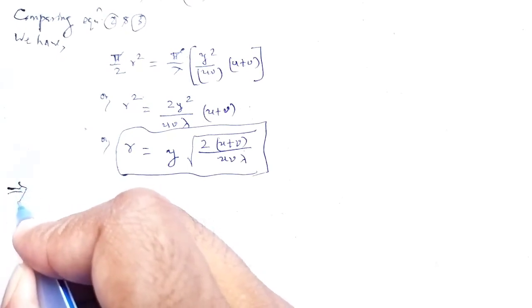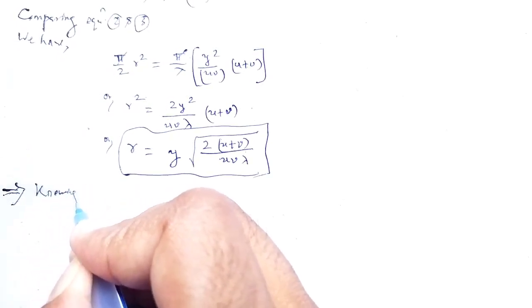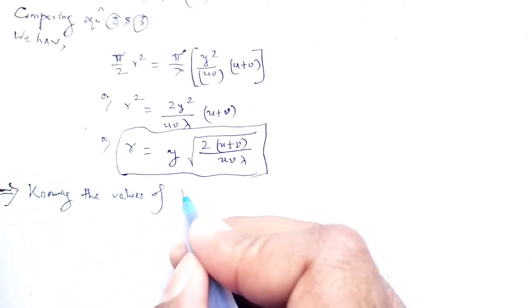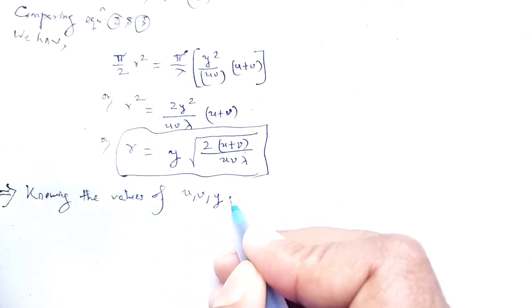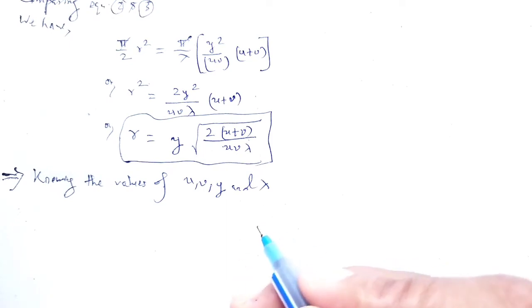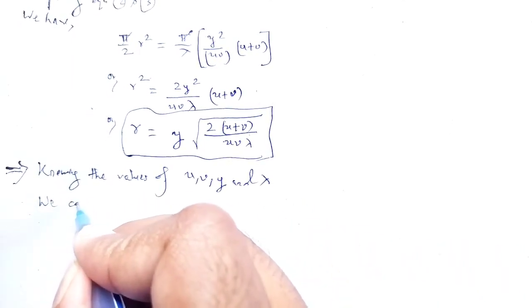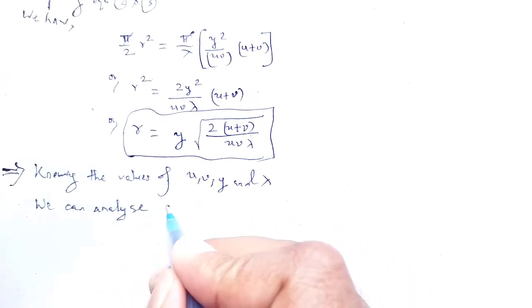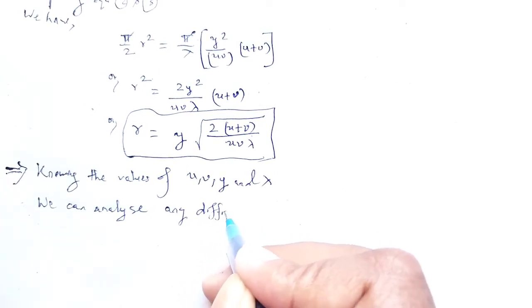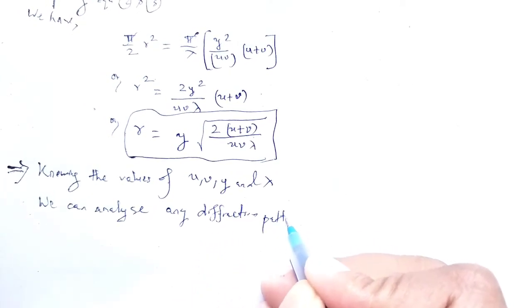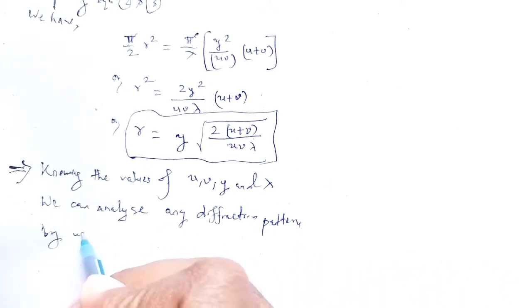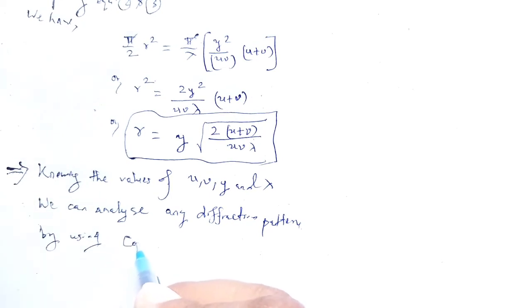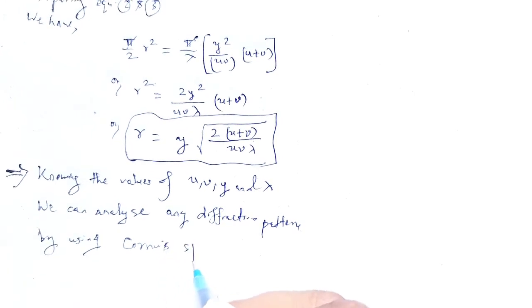So we write, knowing the values of u, v, y and lambda, we can analyze any diffraction pattern by using the Cornu's spiral.